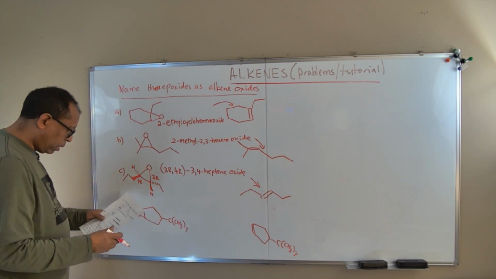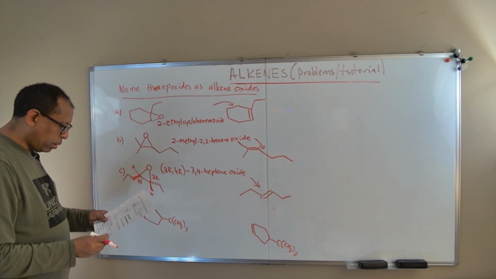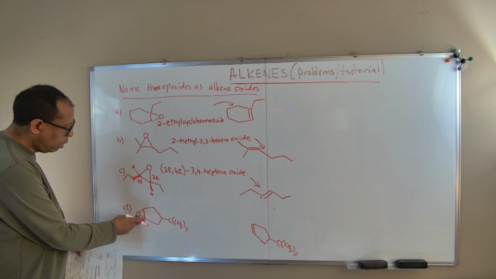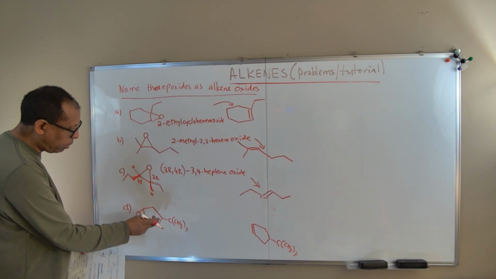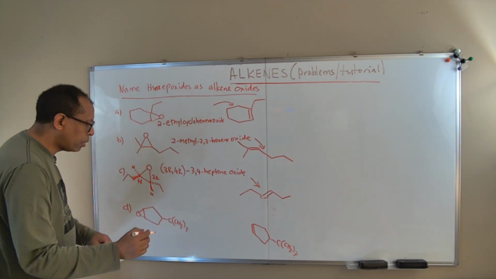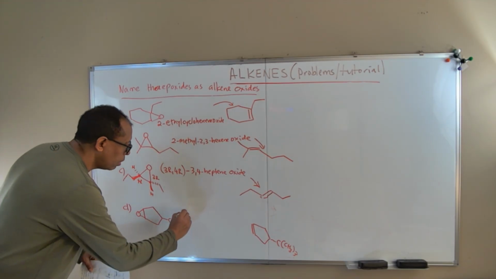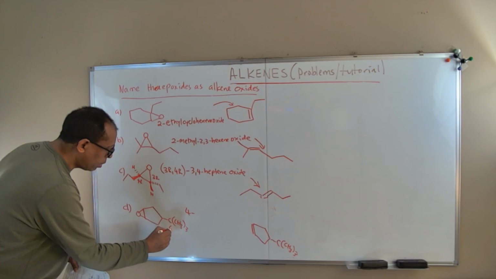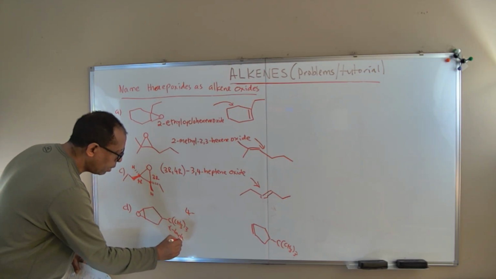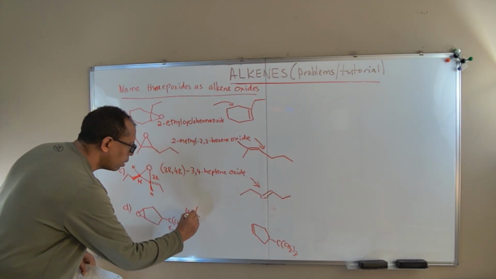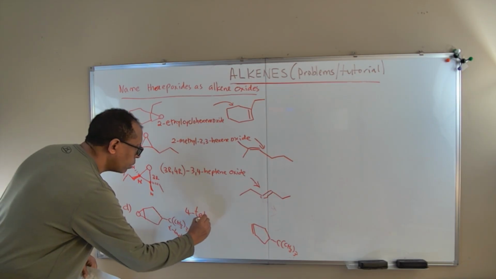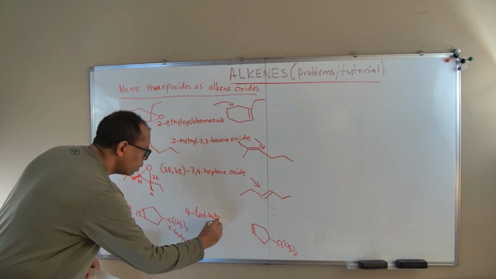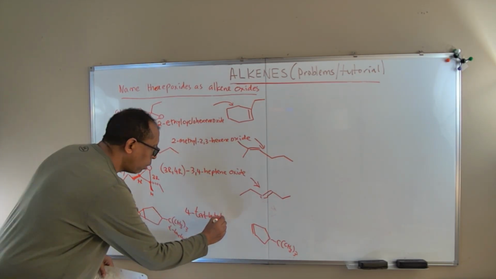So this one is a little much easier. It is a 1, 2. If you say 1, 2, 3, 4, so it is a 4 tertiary butyl. For position 4, you have a tertiary butyl. This is a t-butyl group. Cyclopentene.